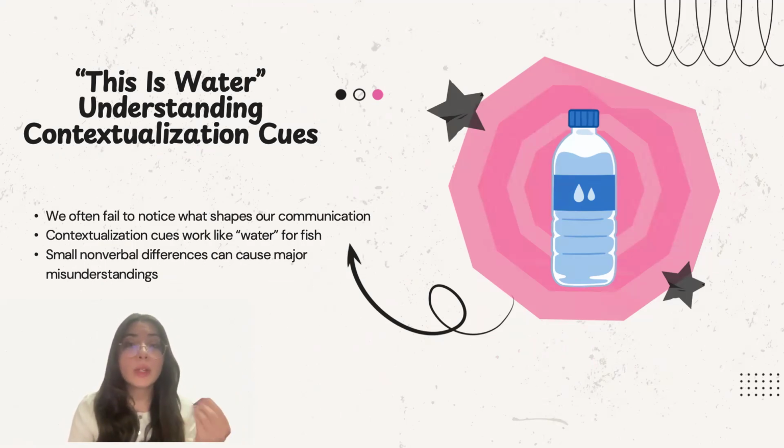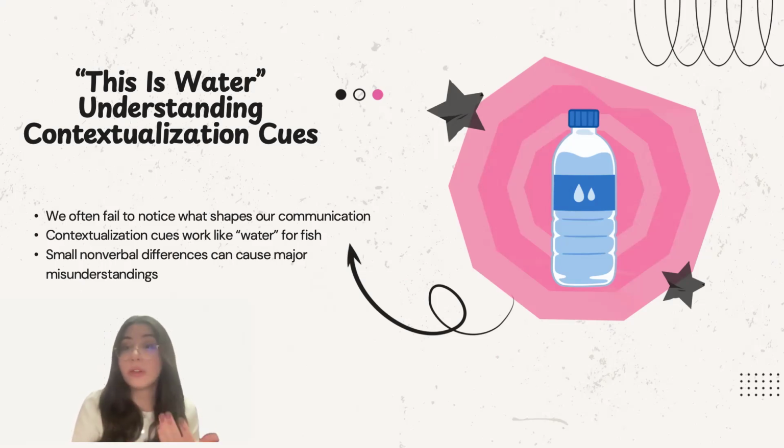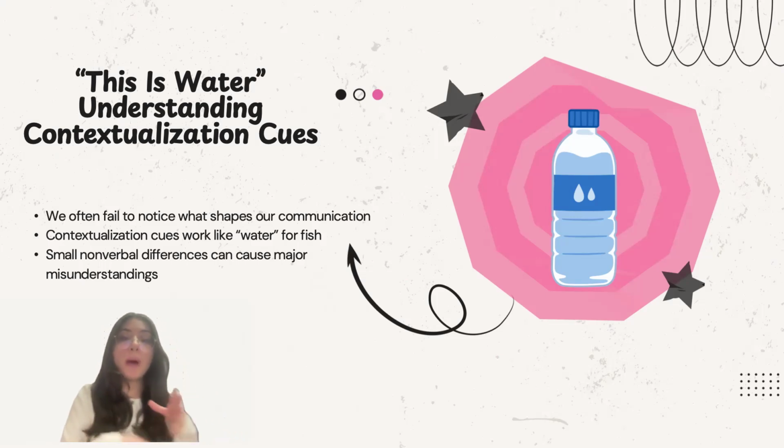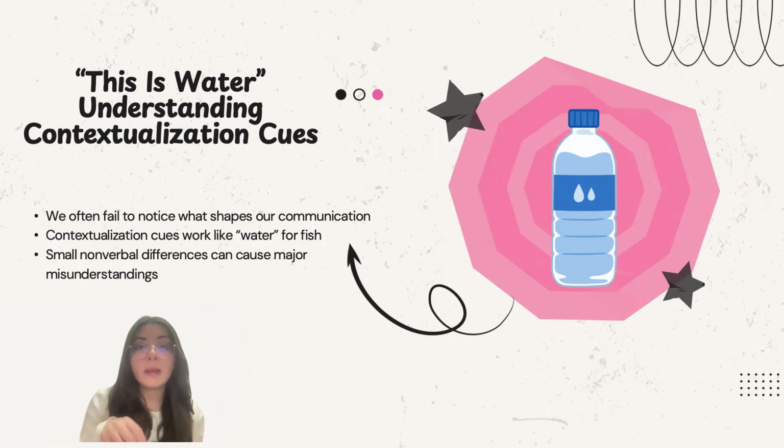Contextualization cues such as eye gaze, intonation, posture, waiting time, and speaking volume function in the same way. We usually do not notice them because they're part of our default setting. However, when we move into a different cultural or interactional context, these cues suddenly become visible.